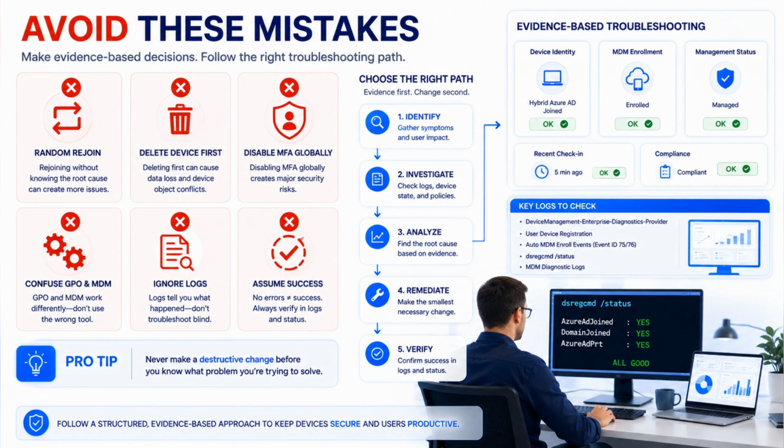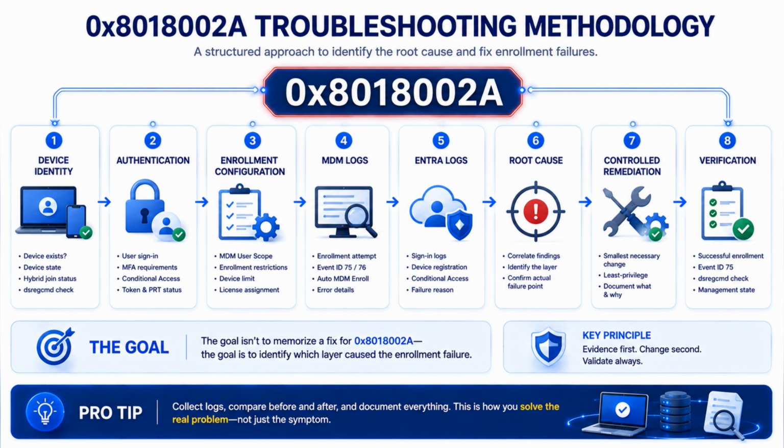Let's summarize the complete method. Start by verifying device identity with dsregcmd /status, confirm the authentication state and AzureAdPrt. Verify MDM User Scope licensing and automatic enrollment configuration. Then inspect the MDM event logs and Microsoft Entra operational and sign-in logs.